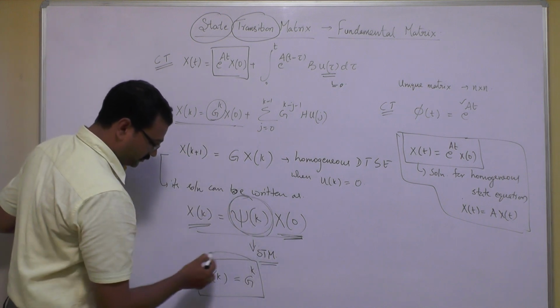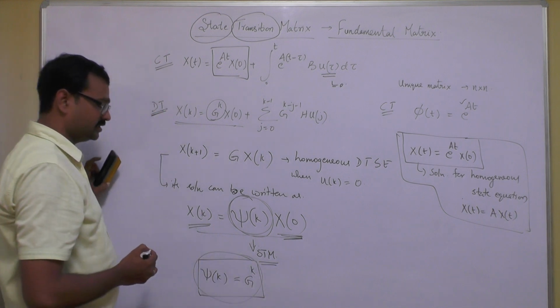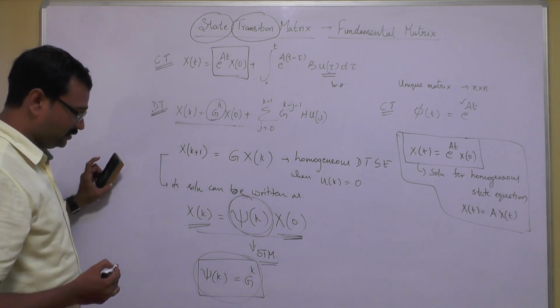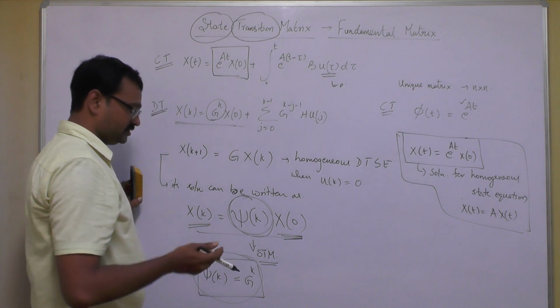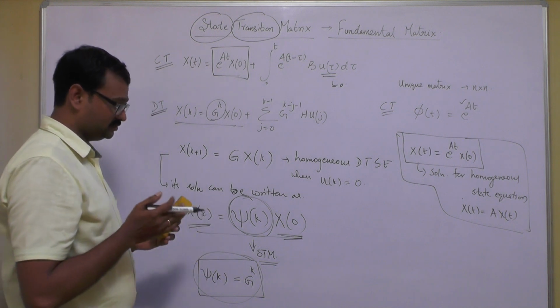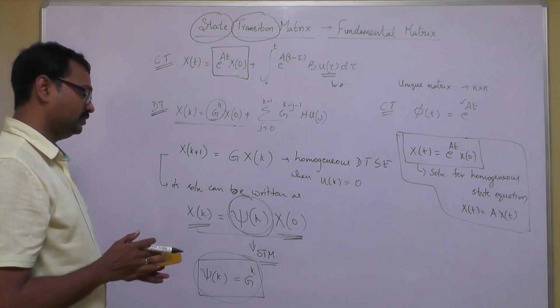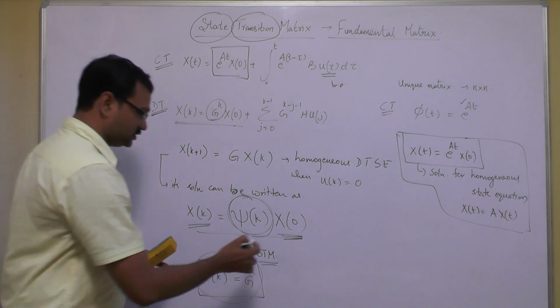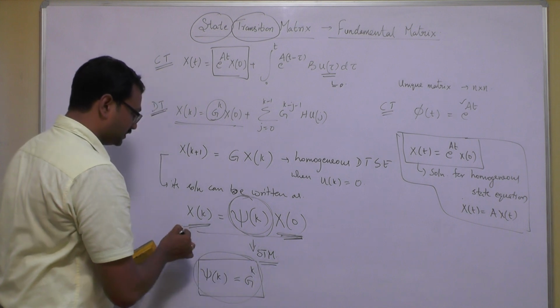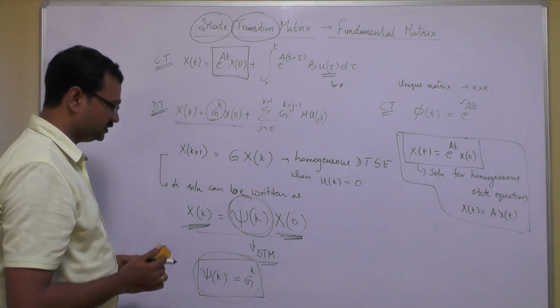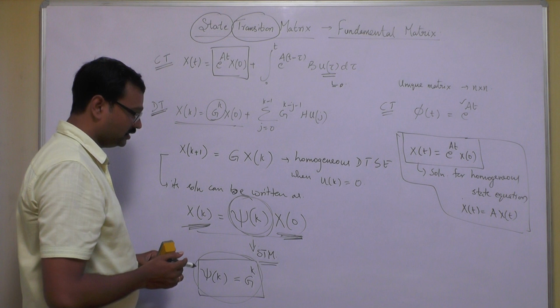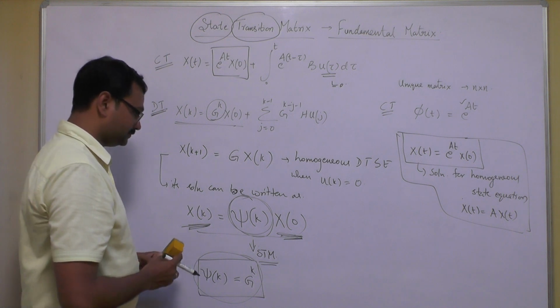So psi of k equal to g power k is our state transition matrix, or the fundamental matrix, which helps transform all the n different system states from the initial conditions x of 0 to the final time x of k.